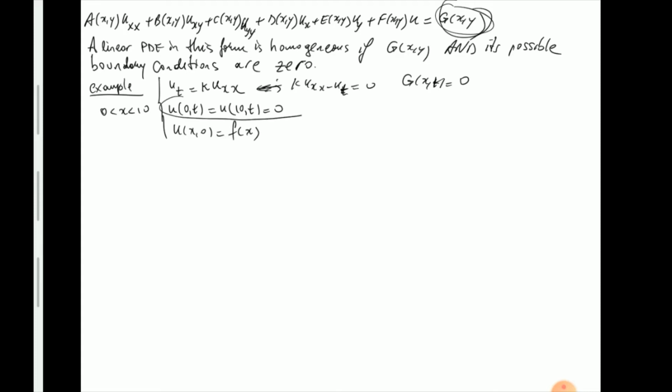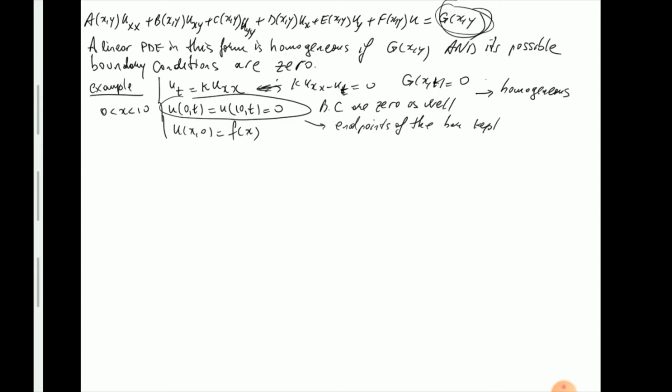And also the boundary conditions are 0 as well. So as a full boundary value problem, this is homogeneous. This will be basically a problem in which we have the endpoints of the heated bar kept at temperature 0.